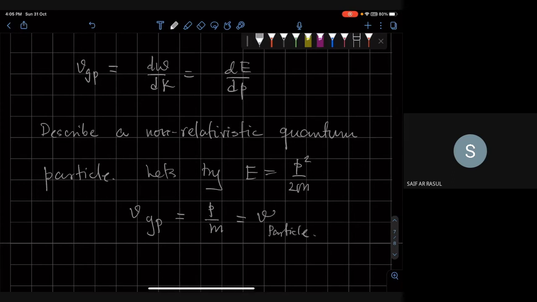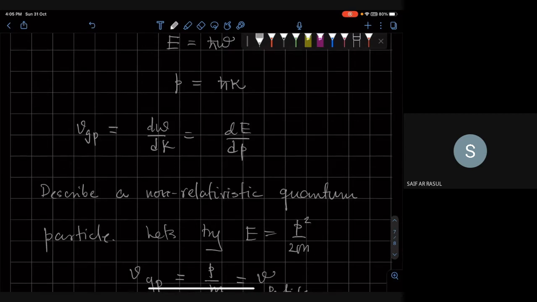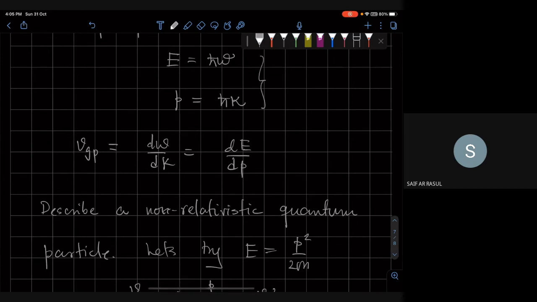So, this is heuristic, but this basically tells us that our idea of associating the group velocity with the velocity of the particle is consistent with these Einstein-de Broglie relationships. Okay.